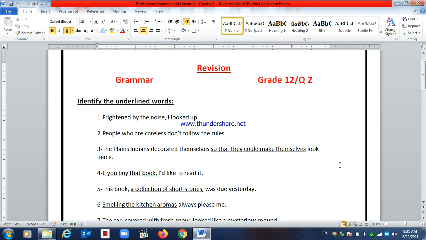Subordinate clause, right? Because it doesn't give meaning alone. If you buy that book, then what's going to happen? If you buy that book. Subordinate clause, adverbial clause of condition. Why of condition? Because it started with if. Then I move to number 5.